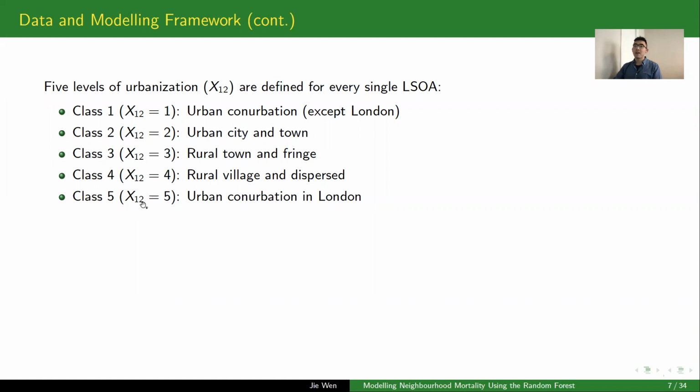And at last, class 5 are also urban conurbation areas, but those RSOAs within London. So in summary, class 1 and class 5 are the most urbanized RSOAs. From class 2 and class 3 to class 4, we can see a decreasing level of urbanization in these 3 classes.